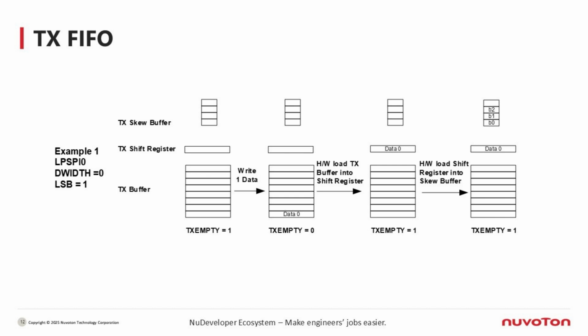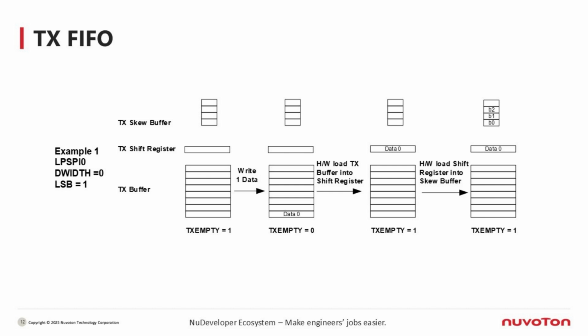At the start, TX empty is 1, which means the TX FIFO is empty. When software writes one piece of data, let's call it data 0, into the TX buffer, TX empty changes to 0 because now there's data in the FIFO. The hardware sees that the shift register is empty, so it immediately moves data 0 from the TX buffer into the shift register.